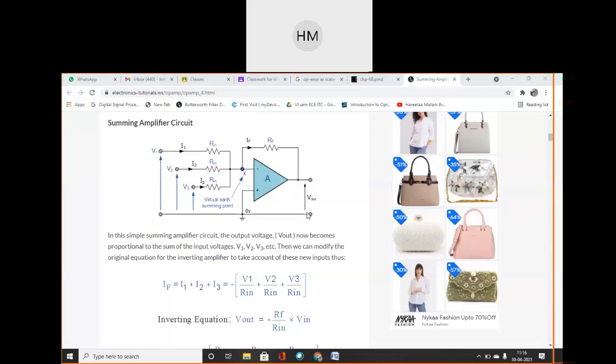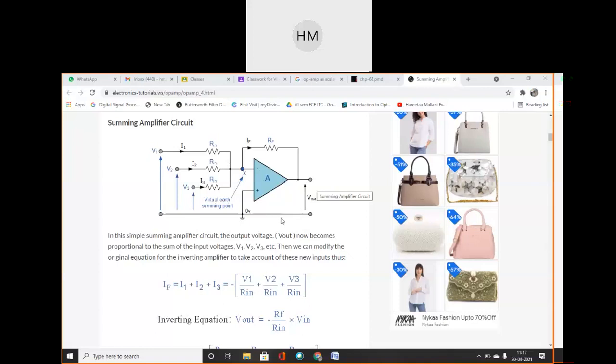If I am applying sine waves, we will use a function generator at the input terminal. At the output, I have to use a DSO. If I am connecting some DC values, 2 volt, 3 volt, 4 volt DC over here, then I can measure those values on the DSO as well as on a multimeter.